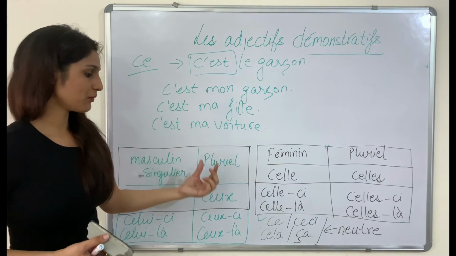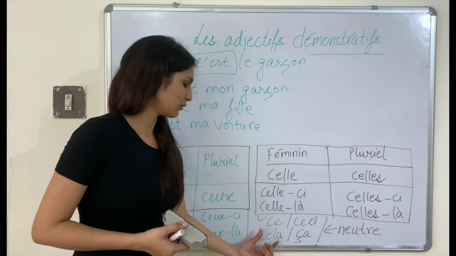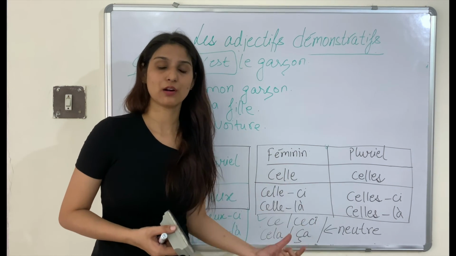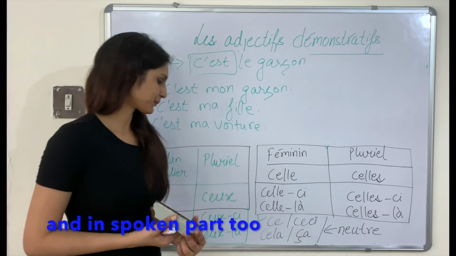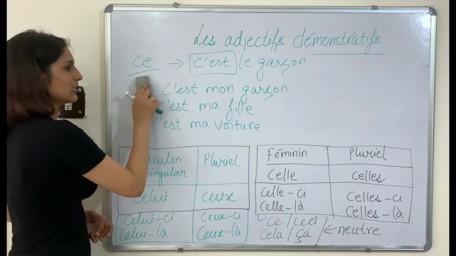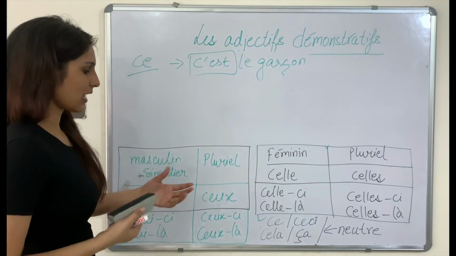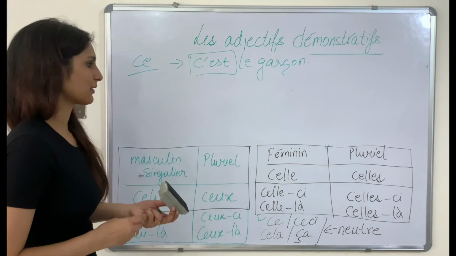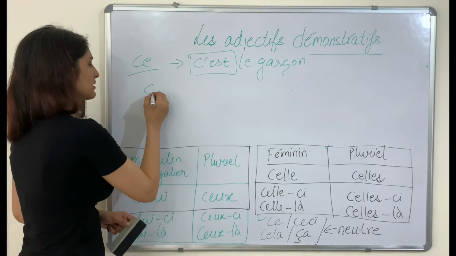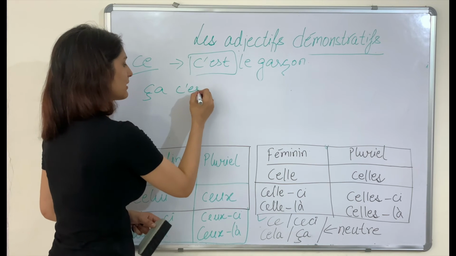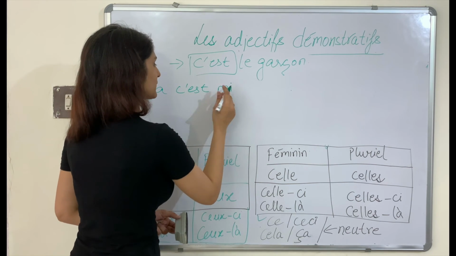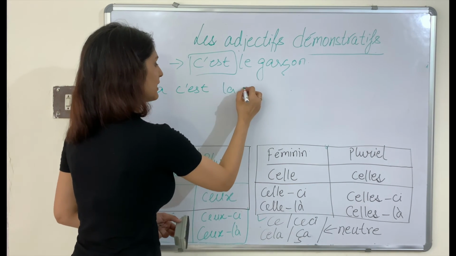So instead of using ça, you could use cela in your written part. Cela est la mienne. Ça c'est la mienne. Mienne means mine.